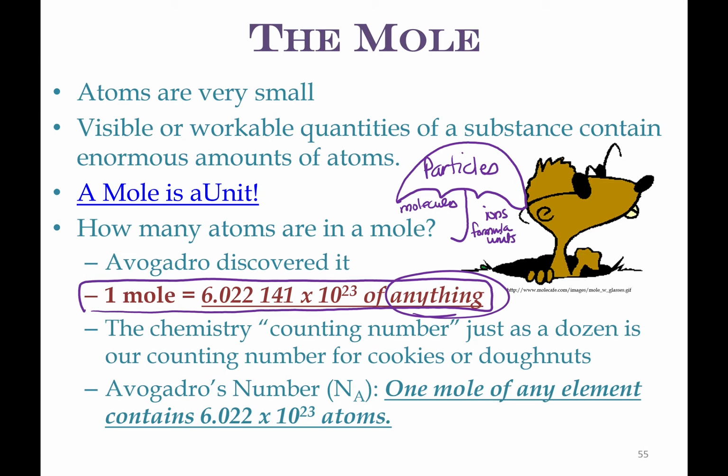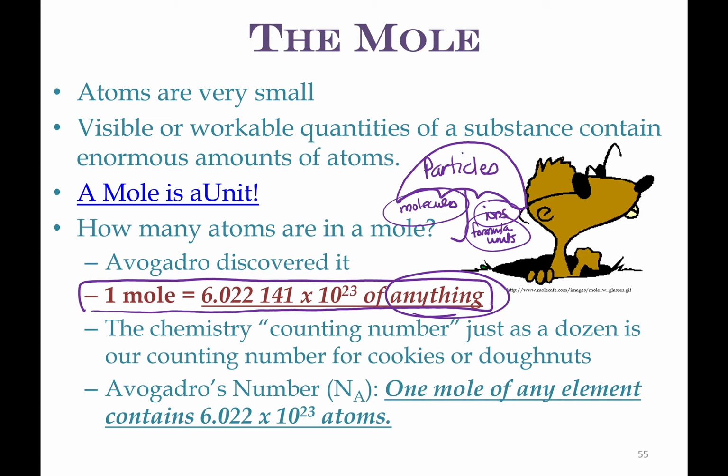What else could I have? Molecules, ions, formula units. That's good for now. But these are just certain terms that we use more commonly in chemistry. So you're going to have to be able to understand these terms and what they mean in order to be able to do the chemistry.